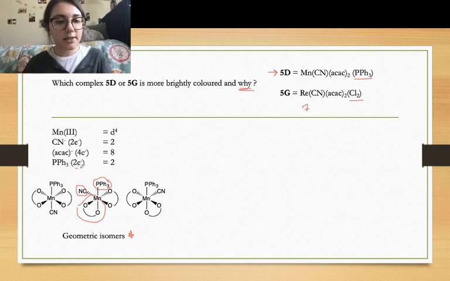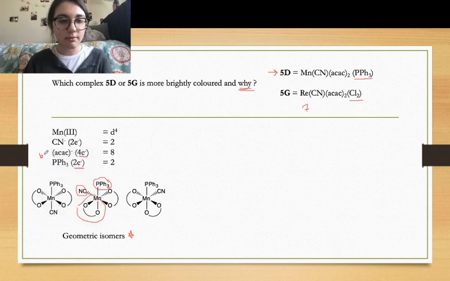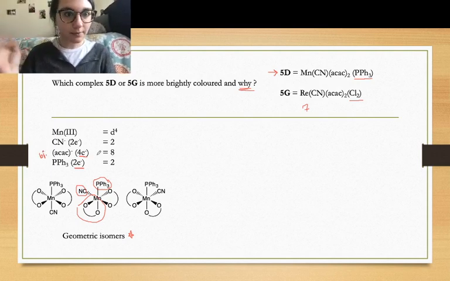So we count up all these. I noticed that this is a 2-electron donor, however it's neutral. The ACAC, which is that double oxygen there, is 4 electrons, but it's bidentate. I'm just going to leave it at bi, period, and leave it as an annotation.